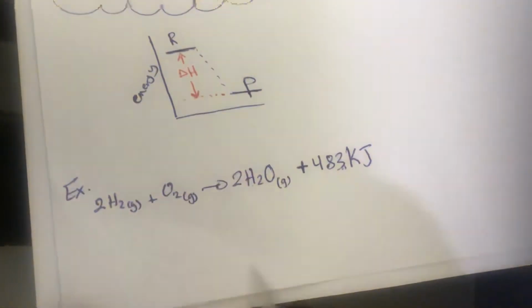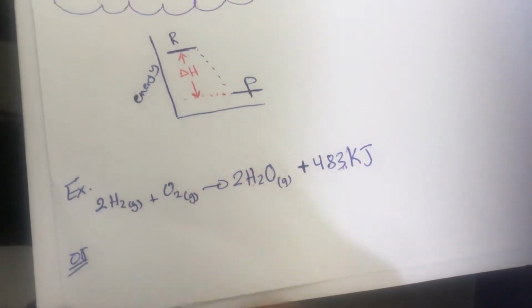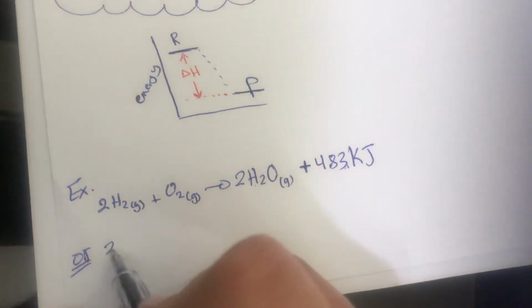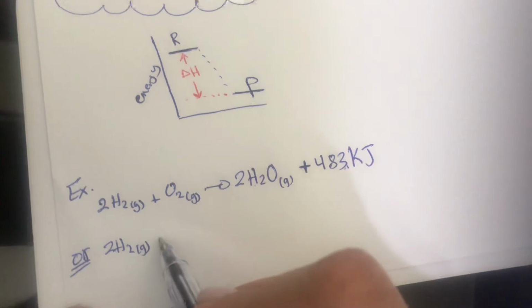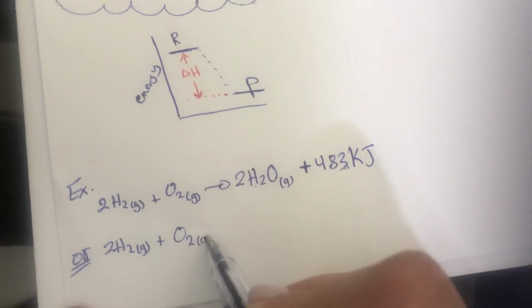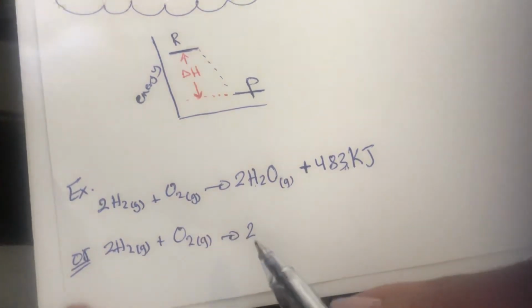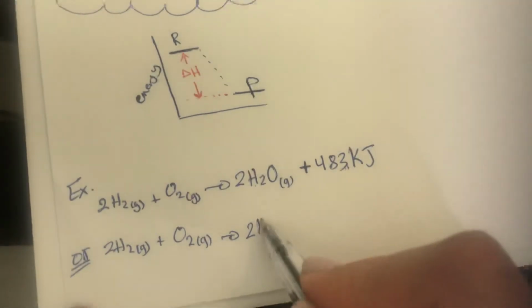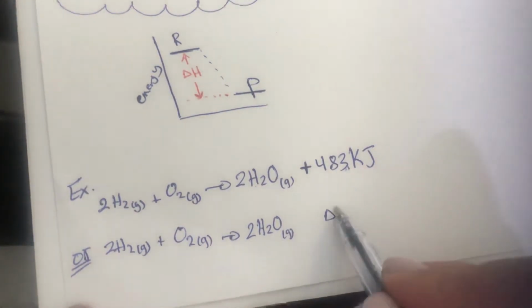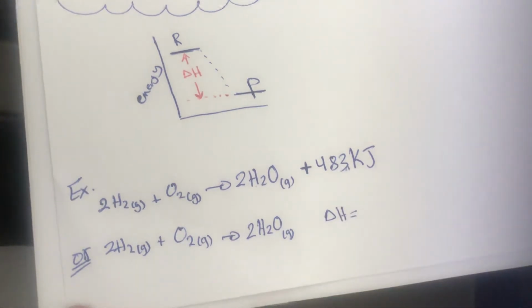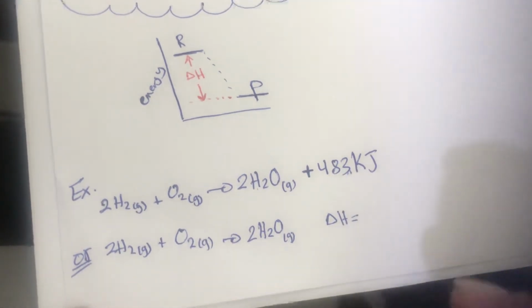Or you can write this equation as 2 mole of hydrogen gas plus 1 mole of oxygen gas produced 2 mole of water gas, delta H equals energy.